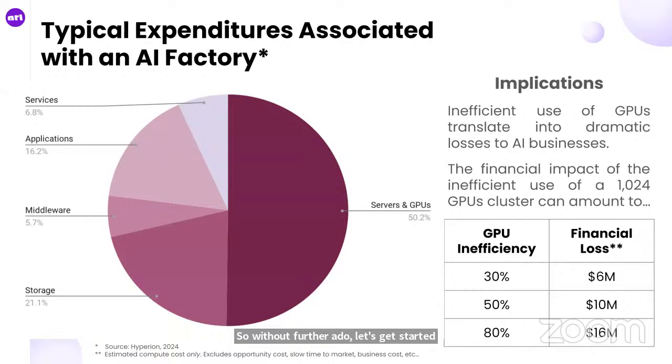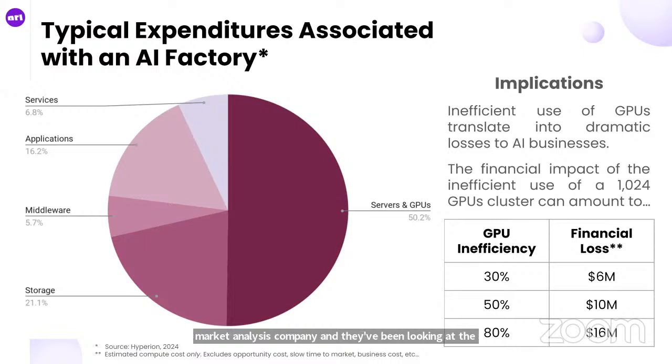Looking at various studies, there are a lot of people who like numbers and who like to look at what are the different expenditures associated with AI factories. And one of these institutions called Hyperion, they are a market analysis company, and they've been looking at the market for a long time.